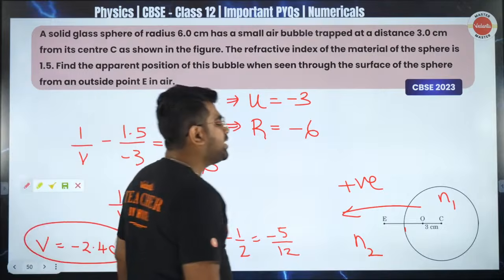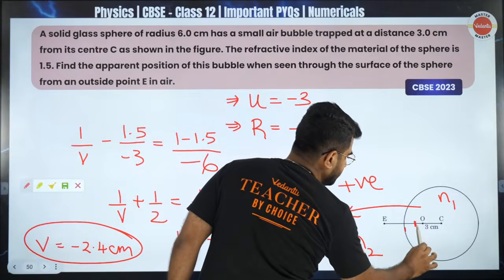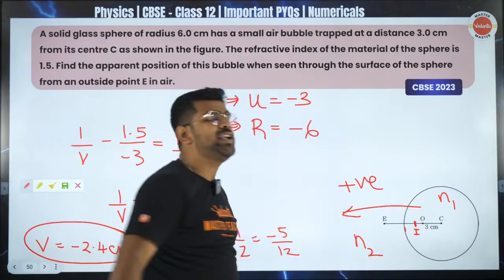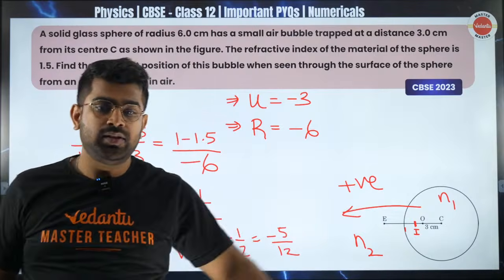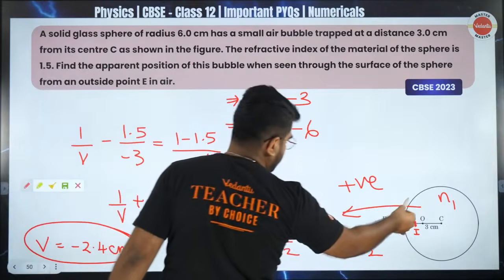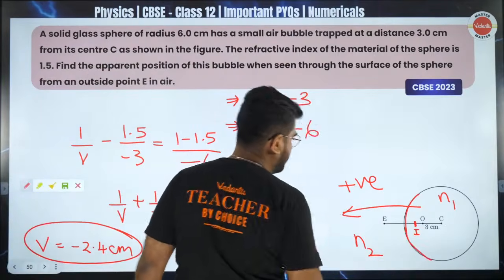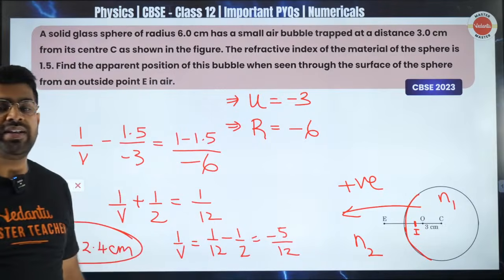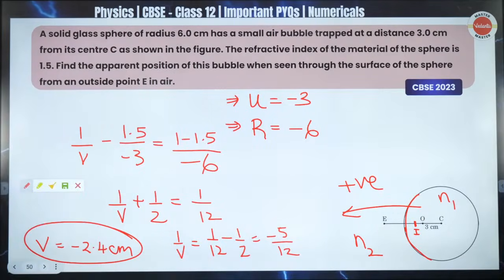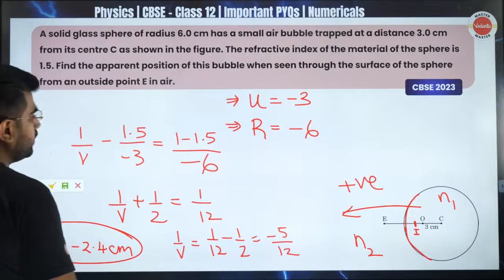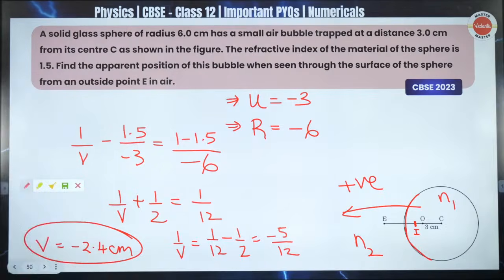So where is the image formed? The image will be formed here, 2.4 centimeter from the refracting surface. Super. Did you all like it? Are you all clear?